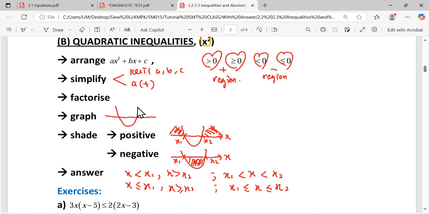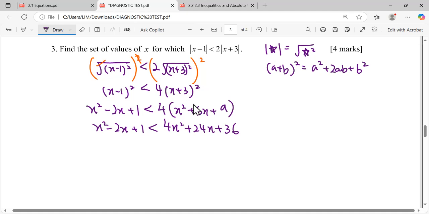Then you graph it and shade the region, whether you want the positive region above the x-axis or the negative region below the x-axis. So for this, when I move it to the left hand side, I get negative 3x squared, then negative 26x and negative 35, less than 0. Because of the negative, we simplify by dividing by negative.